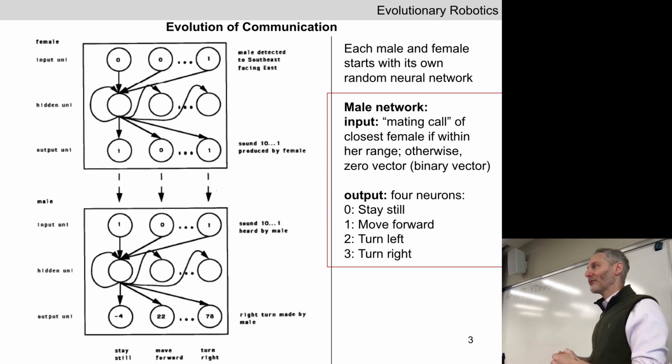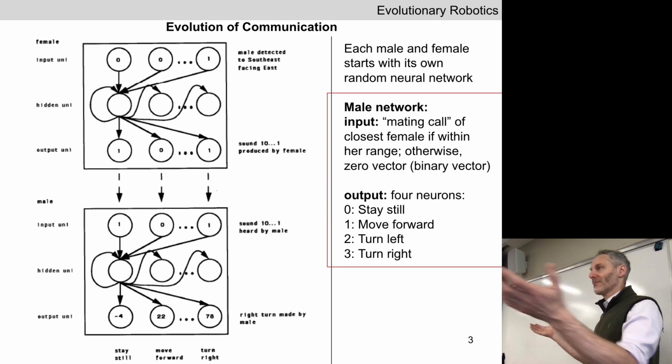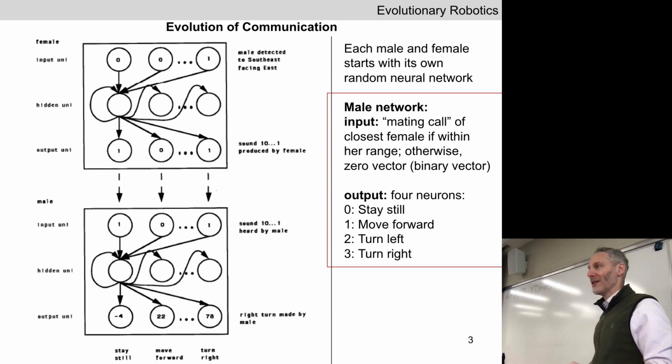They're going to die off. And over evolutionary time, what do you think generally is going to happen? Males and females that are able to find each other produce offspring that can find each other. They're going to inherit that ability to find members of the opposite sex.